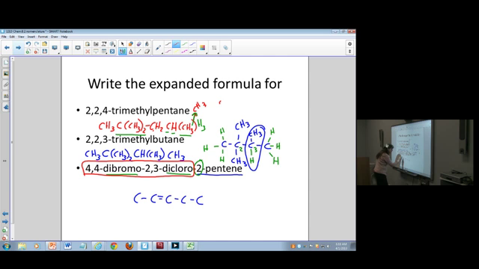I already know this is 1, 2, 3, 4, 5 because I set this when I made the double bond at 2. So on 4, I'm going to have a bromo and a bromo. 4,4 and dibromo indicate there are 2 bromine atoms, and each of them is on carbon 4. And then I have 2,3-dichloro, indicating there's a chloro at carbon 2 and a chloro at carbon 3.